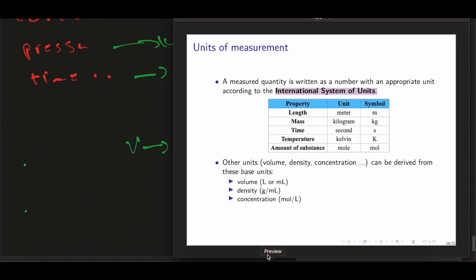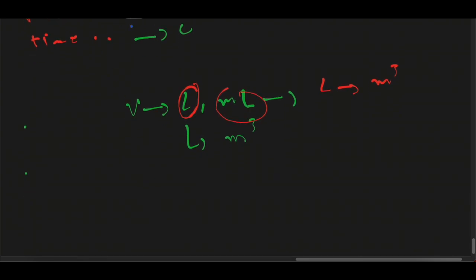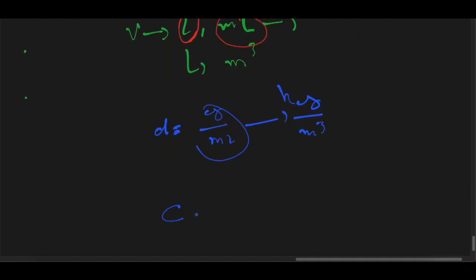The same thing with density. Density generally is written as gram per milliliter. So it is not common to use, for example, gram or kilogram per cubic meter. It is not common, but we can convert between these. The same thing with concentration.